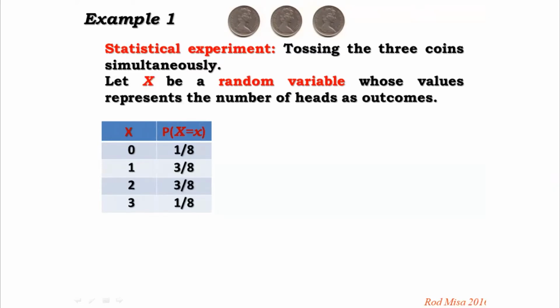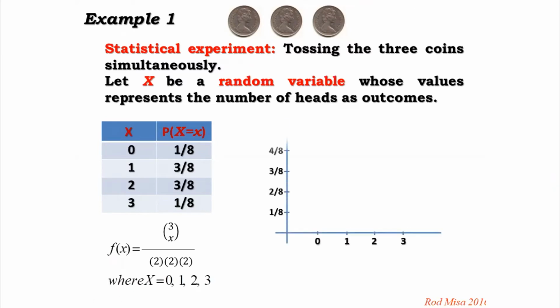And you can also represent this one using a formula of f of x, where x is a random variable from 0 to 3. You can see here that a probability distribution can be represented by a table or a formula. But we can also represent this probability distribution for this particular statistical experiment using a graph.